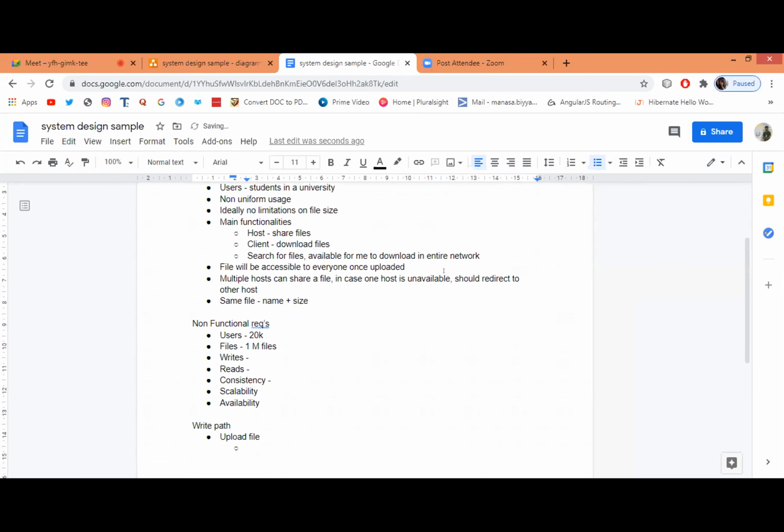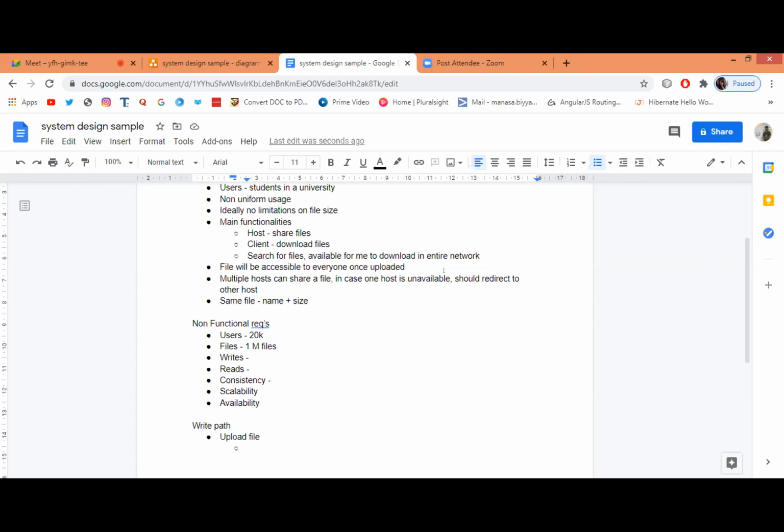Once I upload the file, I think I should have a component which keeps the metadata about the kind of files I have, users.